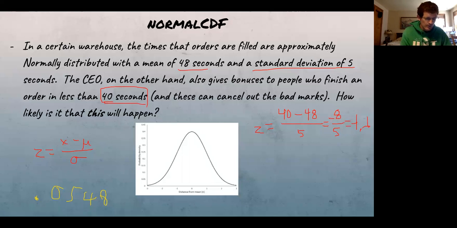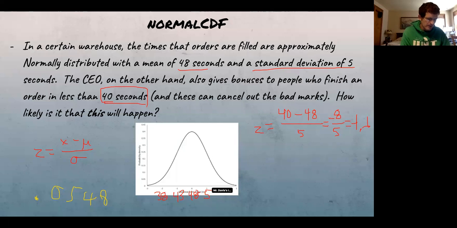Okay, so now we get to the upper and the lower. And we need to get that from the question itself. It says, the CEO gives bonuses to people who finish an order in less than 40 seconds. So knowing that my mean is 48, and here's 43, 38, and of course, I got these numbers up ahead, so 53.